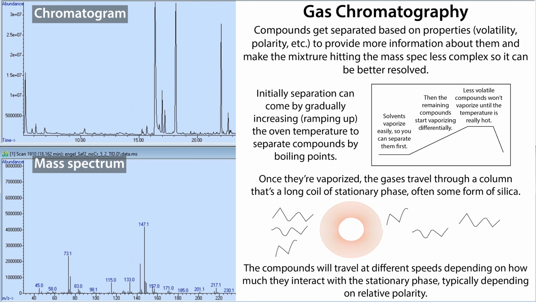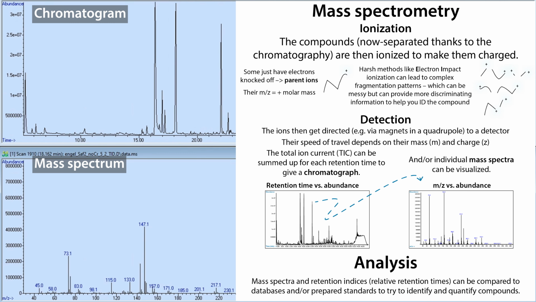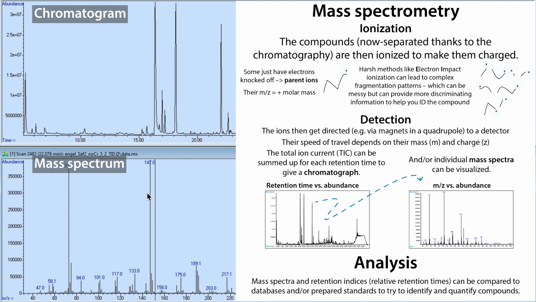As they come off of the column, they go to an ionization source. In this case, we have an electron impact ionizer, and what it does is it shoots electrons at the compounds as they come off, and it knocks electrons off of those compounds. Electrons are negatively charged, so when you lose an electron, you become positively charged. The positively charged ions are then directed to a detector.